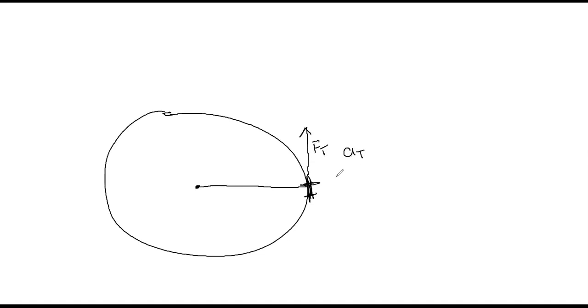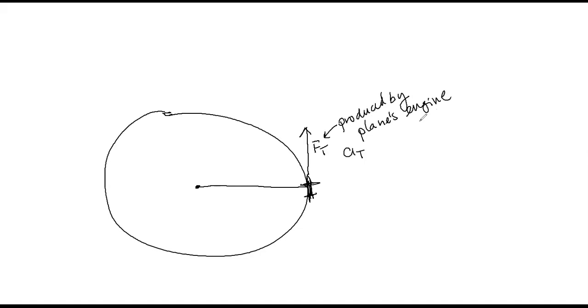So now I've got this net tangential force, which is produced by the plane's engine. Let me just erase the A I put here for some reason.